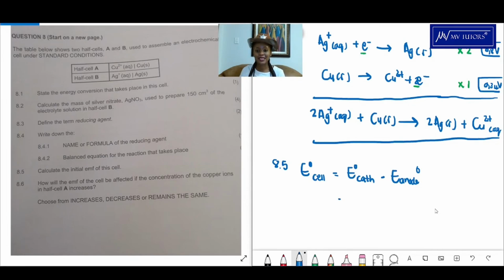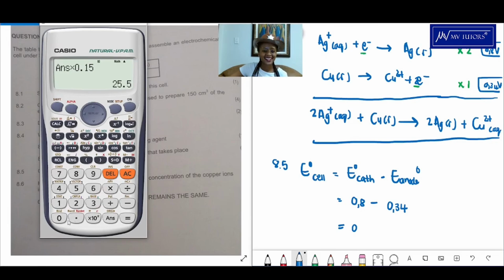Okay, please make sure. So at the cathode, we have our silver, and that voltage reading is 0.8. At the anode, we have copper, and that voltage reading is 0.34. So what is 0.8 minus 0.34? Well, that will be 0.36. I don't know. Let's check. Yeah.